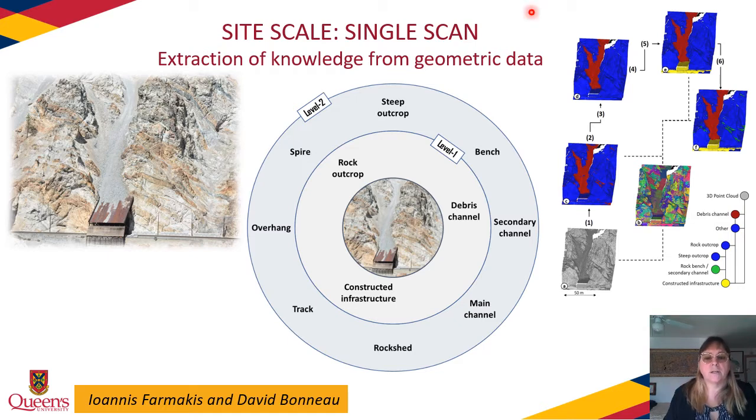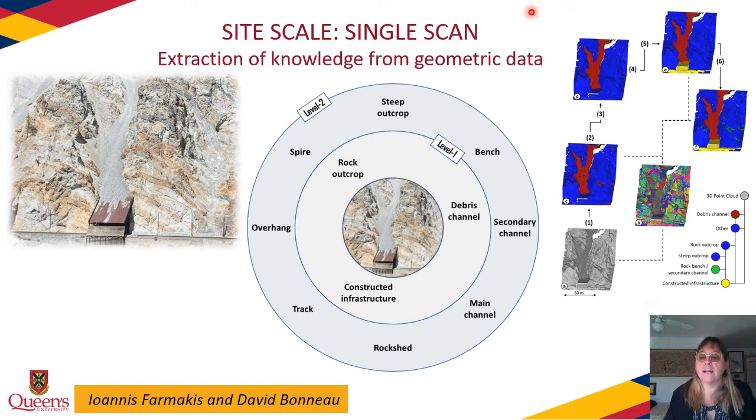The objective of Yannis's work is to really identify what is rock outcrop, what is a debris channel, and what is constructed infrastructure. And you can see some of the information that's required in the level 2 circle in the middle of this diagram, whereby you're trying to identify what's an outcrop, what's a bench, what's a rock shed, etc.